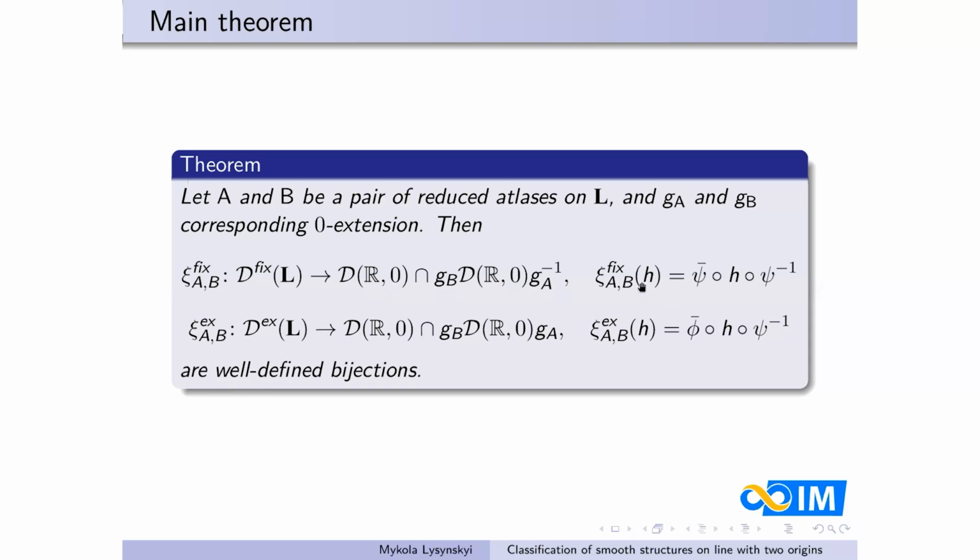More precisely, each diffeomorphism h is the composition of its two charts, which we call the local representation of the map h in the corresponding charts.